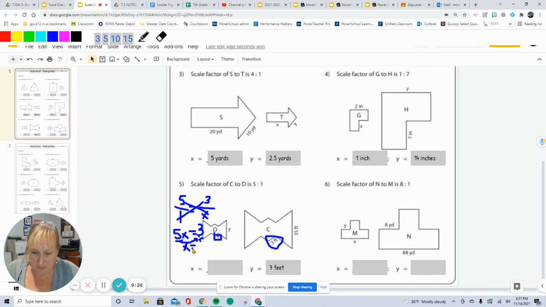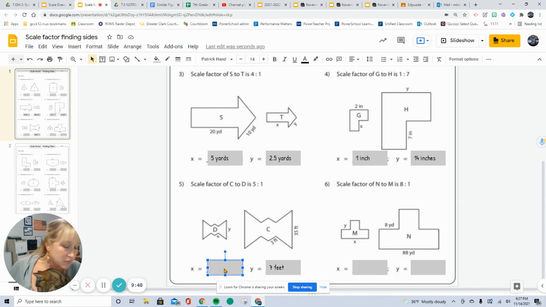So I'm going to grab this calculator that I just happen to have. And I'm going to do 3 divided by 5. 3 divided by 5 is 0.6. So my answer will be 0.6 feet.